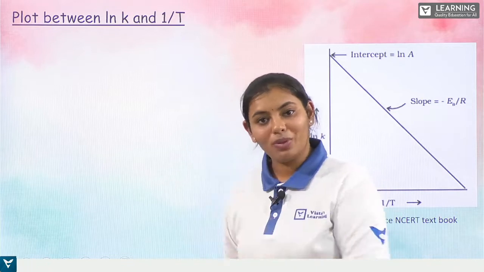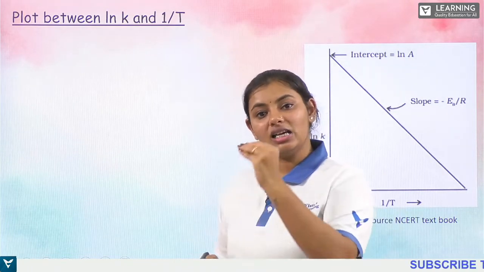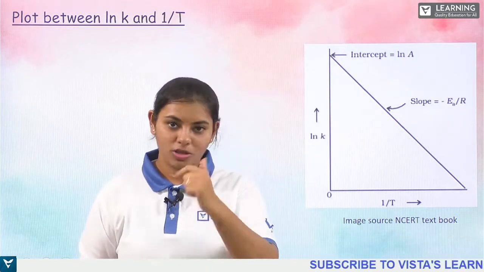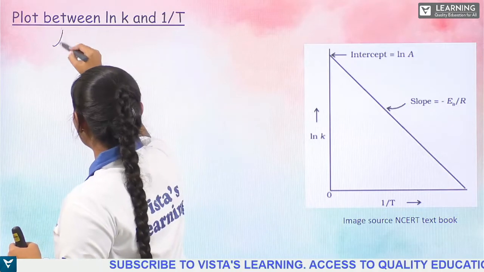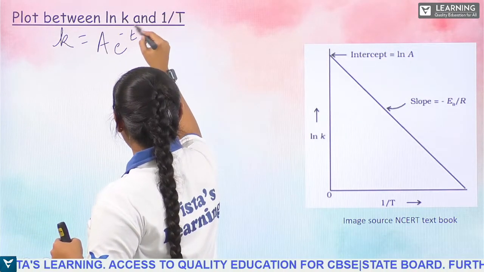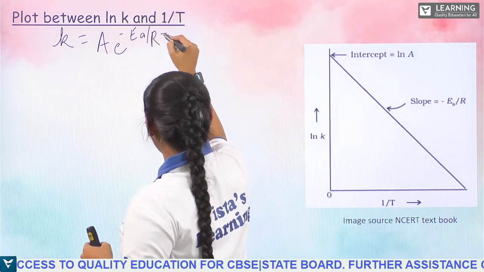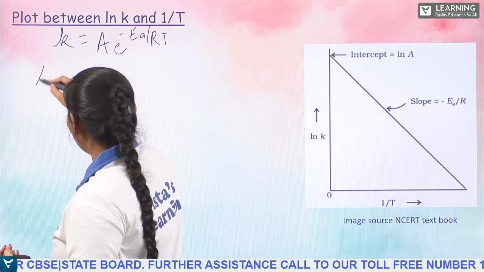Okay, so we will start deriving that entire formula and we'll see how exactly rate constant and temperature are dependent on each other. So as I told, first the Arrhenius equation is K is equal to A e to the power of minus EA by RT, right? Now we are going to take ln on both the sides.